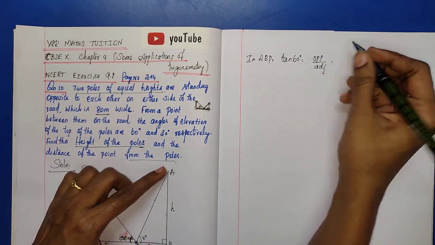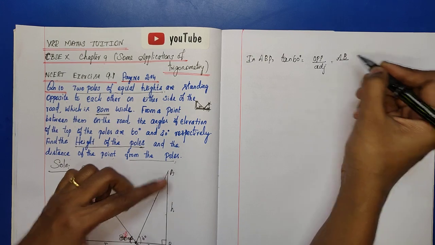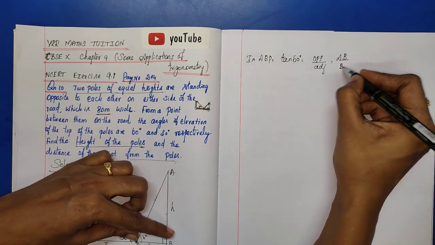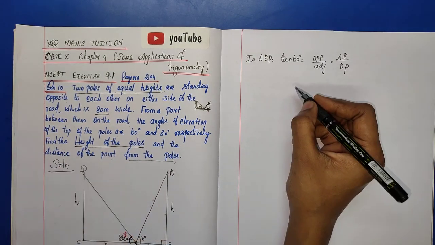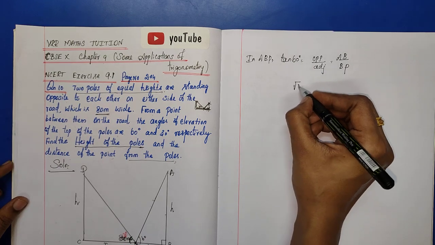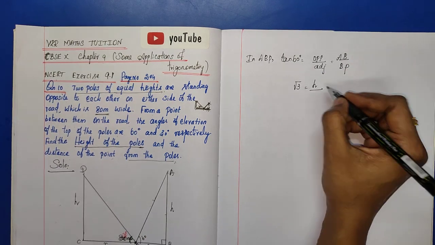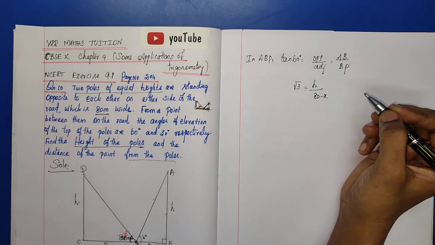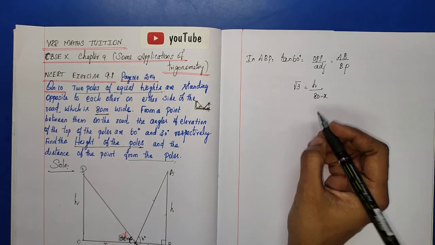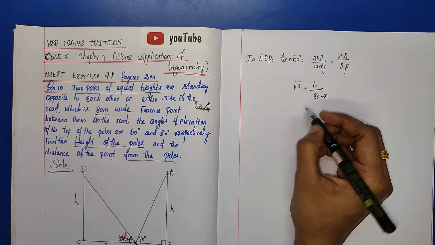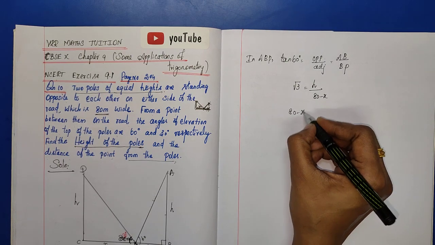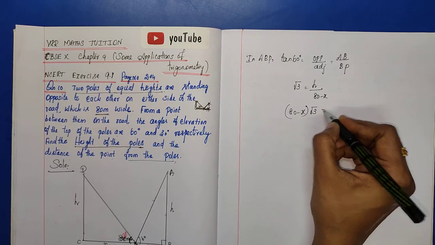It is equal to AB, adjacent is BP. We know that tan 60 is root 3, AB is h, B to P is 80 minus x. Just cross multiplying it, 80 minus x root 3 is equal to h.